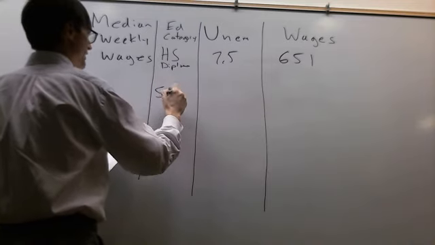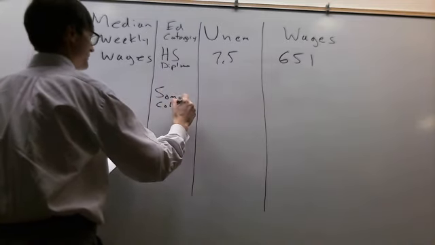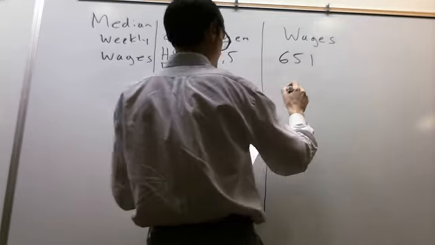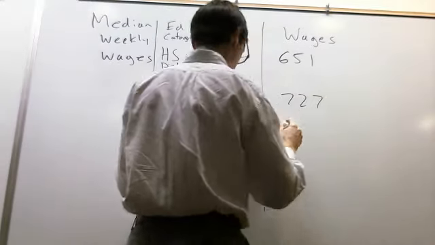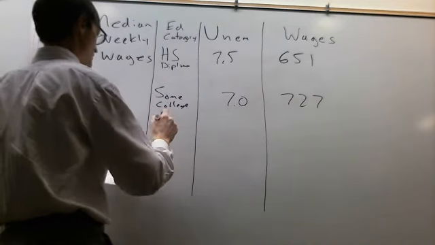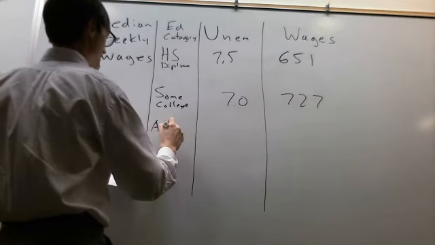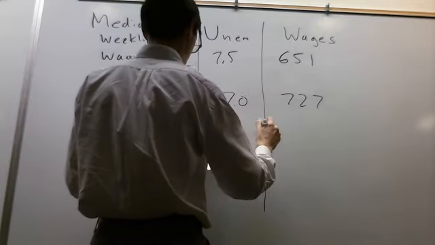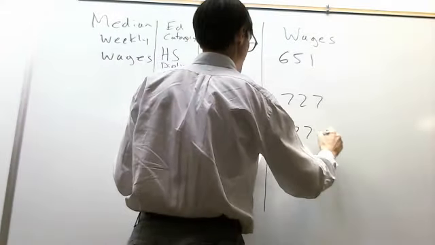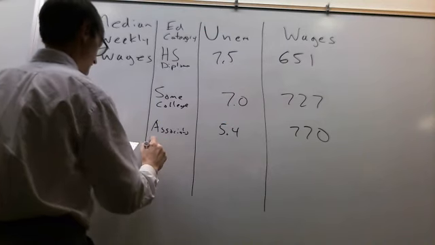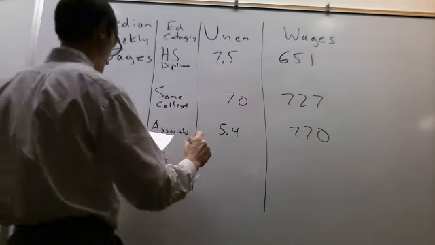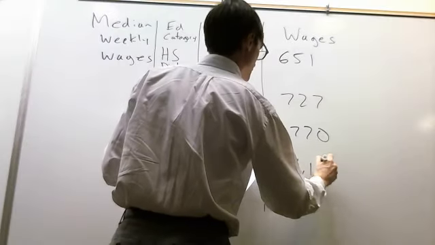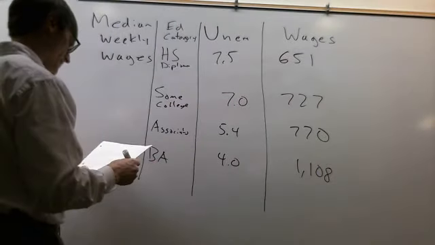If you had some college, unemployment rate was 7.0%, and 727 was the median wage. If you had an associate's degree, 5.4%, and $770. A bachelor's degree, down to 4%, and a little over 1,100.